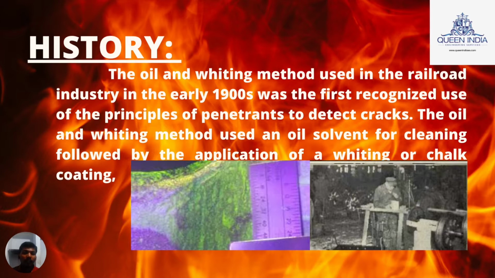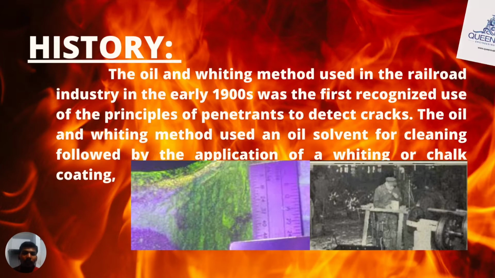The oil and whiting method used an oil solvent for cleaning followed by the application of a whiting or chalk coating. Whiting means calcium carbonate ground into fine powder, washed and used especially as a pigment and extender. This is the picture about history of LPT.